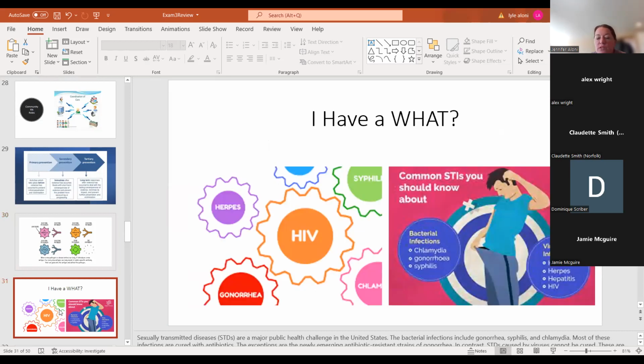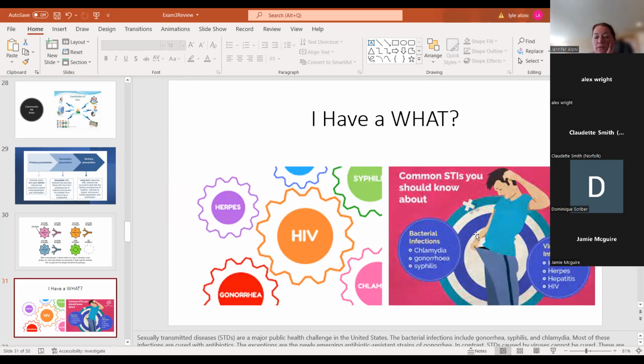STDs, major concern in our health industry. Most of them are cured with antibiotics. Know that bacterial ones are going to be cured, like gonorrhea, syphilis, and chlamydia are going to be cured with those, but those viral ones, we can't cure viruses. So remember that.